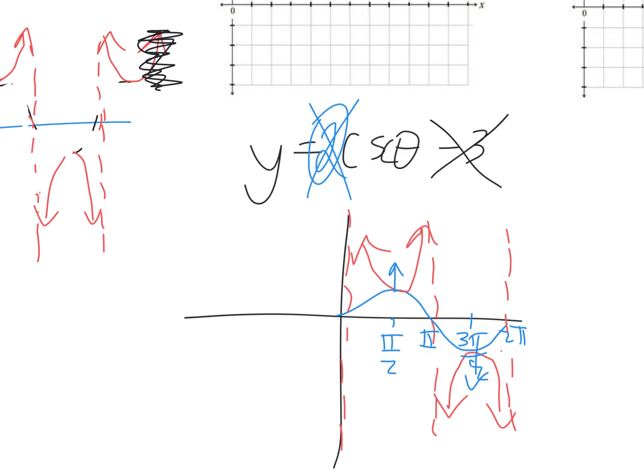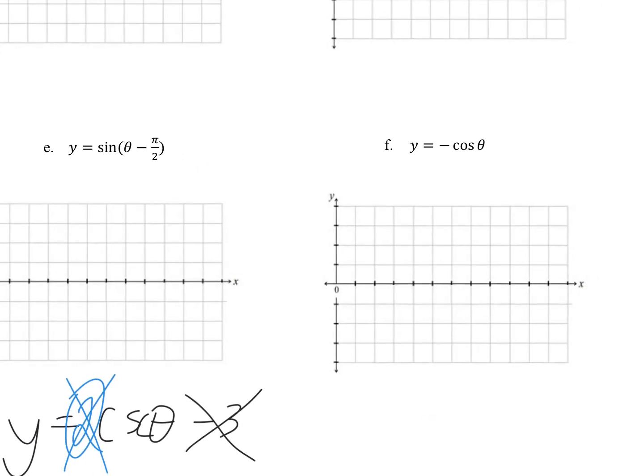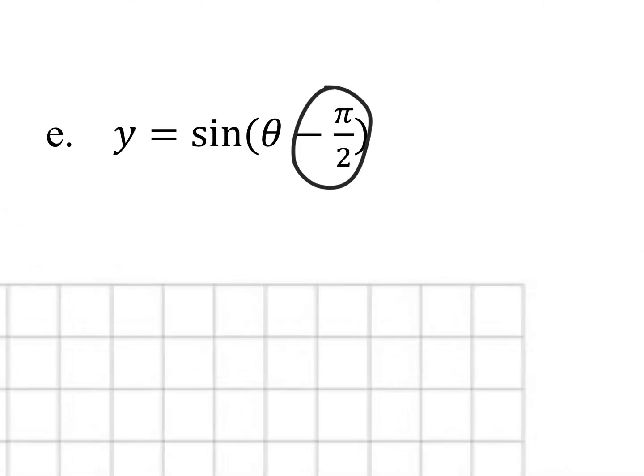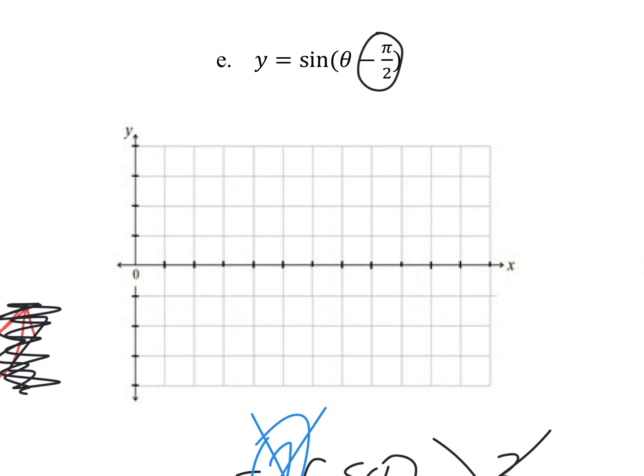Now, what about the most complicated kind? That is where you shift it to the right. See this thing right here? You'd graph your normal sine graph, and then you have to move everything to the right pi over 2. So the way I do it is I graph my normal sine graph, for example, and then I make sure I know where pi over 2 is.